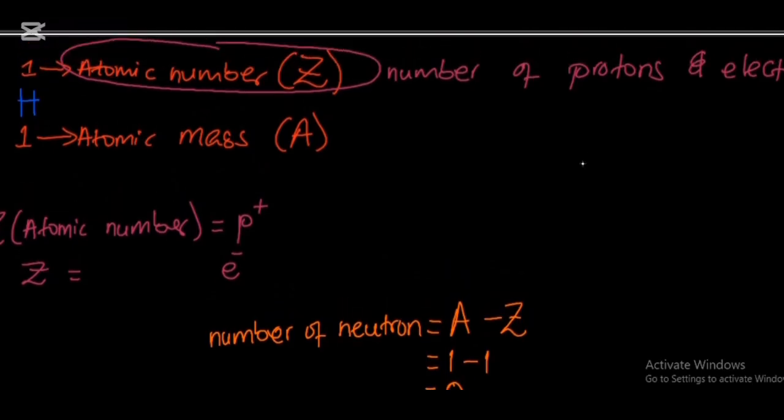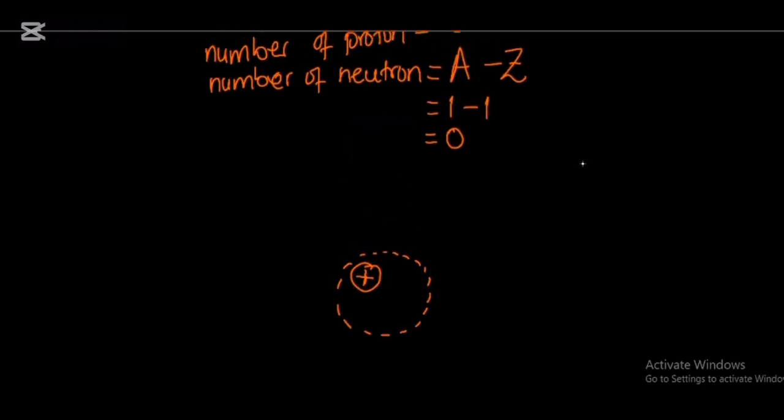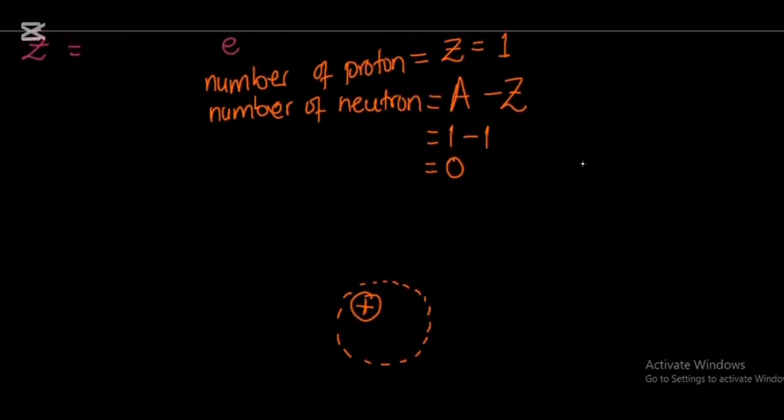The number of protons is equal to Z, which is the atomic number. And what is our atomic number? 1. So we have only 1 proton. So we are going to put it here. Protons: we have 1 proton. And neutrons: we have 0, so we have none.